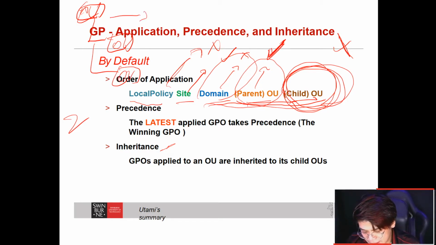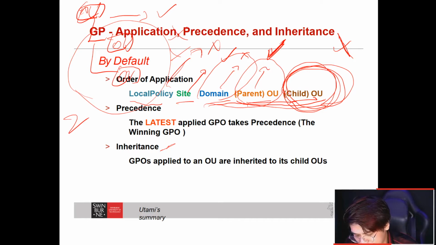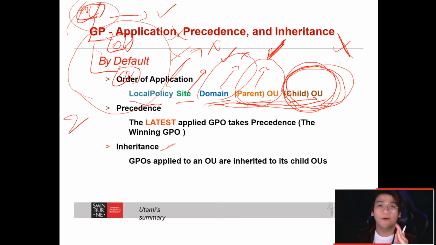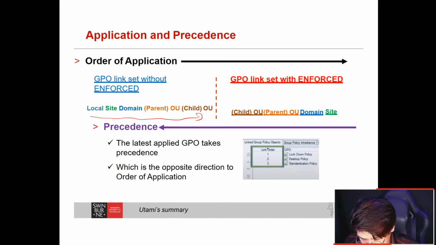If you apply it here, saying you can change wallpaper, it is automatically inherited by the child OU. So the child OU can also change wallpaper, unless you have block inheritance, which means the child OU will not be affected by the GPO of the parent OU. So the GPO link without enforce is what I said just now: the latest one will win.